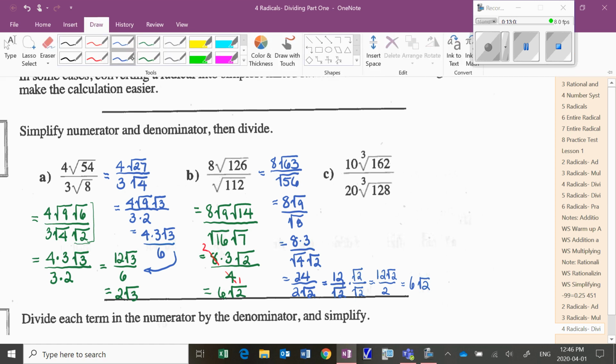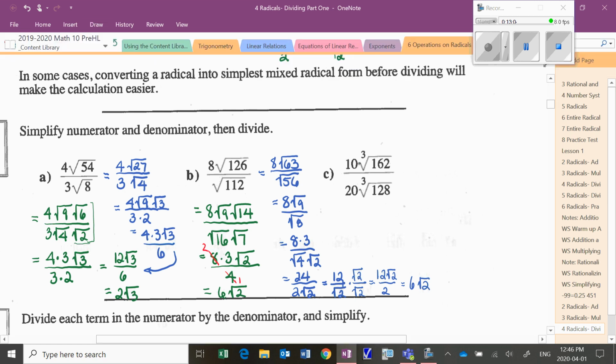Okay, let's take a look at this last question then. So 10 over 20 is, of course, 1/2, and the cube root of 162. So I'm looking at perfect cube factors of 162. I know that 81 times 2 is 162, so that must mean that 27 goes in as well.